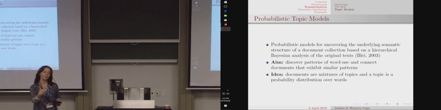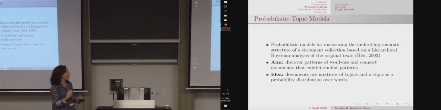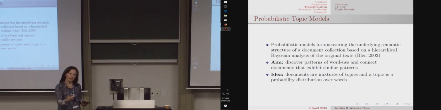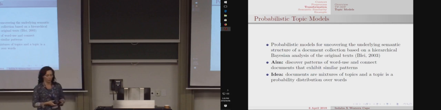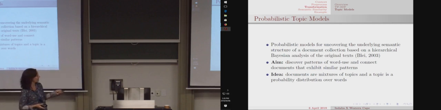So you make an assumption about how a document was generated, and if you can build a generative model, then you can discover the latent topics. And I'll show you the graphical model of a topic model just now.